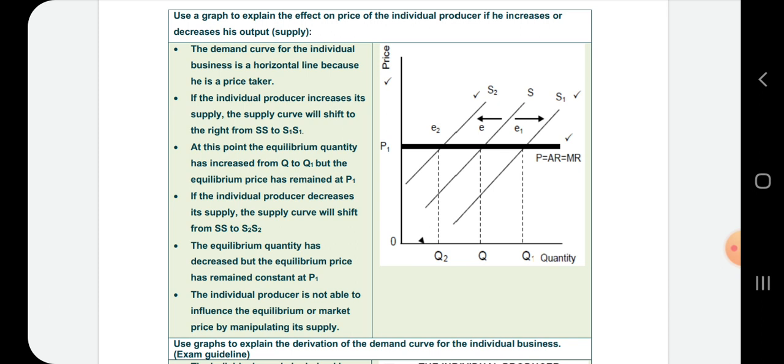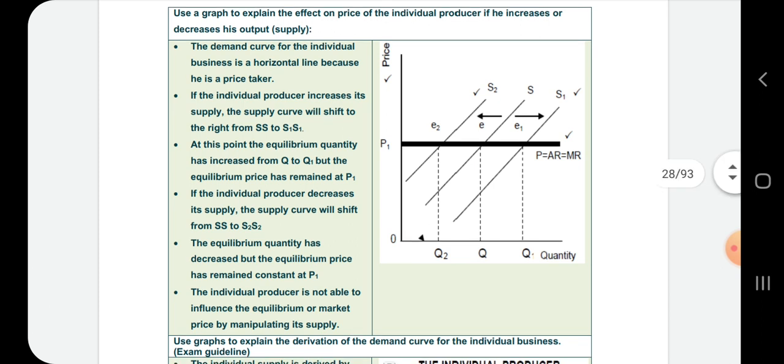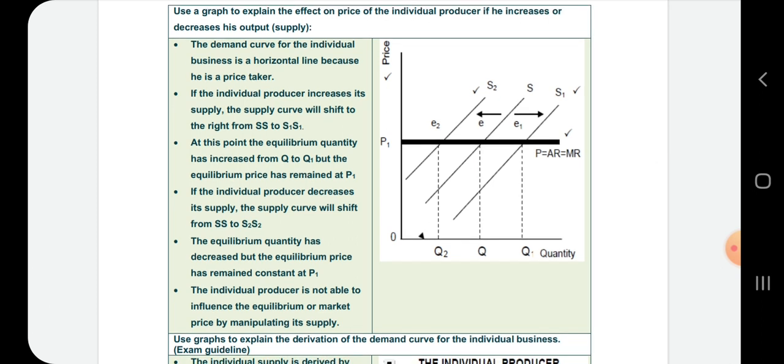The black highlighted horizontal line is the one that shows that the individual in the perfect market is a price taker. And if the individual producer increases its supply, the supply curve will shift from S to S1, towards the right. So the quantity starts at Q and the supply is at S, right?